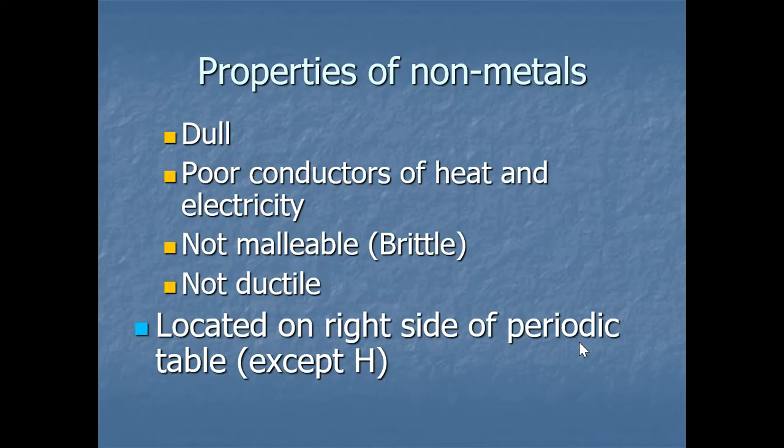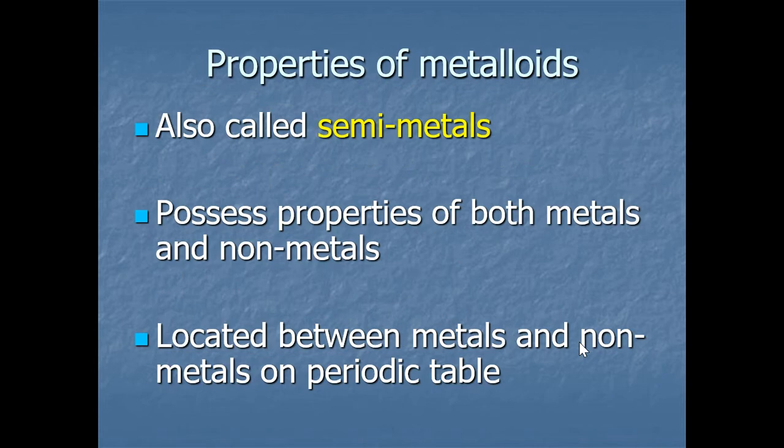So what about things that are kind of metals and kind of nonmetals? Well, those are called semi-metals or metalloids. Semi-metals and metalloids are the ones that have properties of both. So if you think in terms of the four properties that metals all have, metals have all four. Non-metals have none of them.